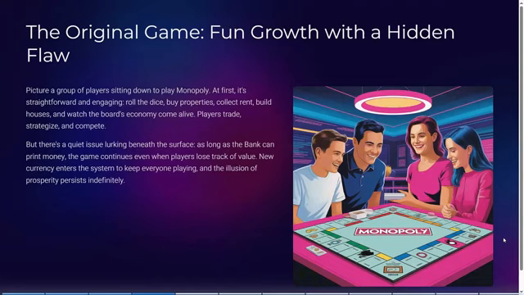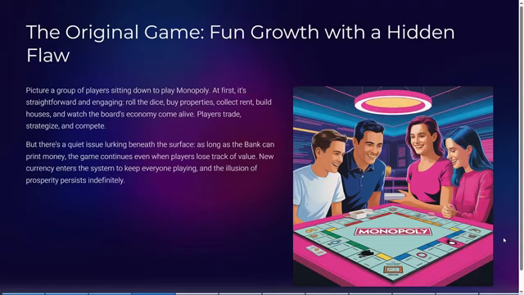The players trade with each other, they strategize, but they're also competing against each other, right? But there's a quiet issue lurking beneath the surface. The game is always very even and fair in the beginning because the players all started together at the same time and were all issued the same amount of currency, and it can build a stable economy.